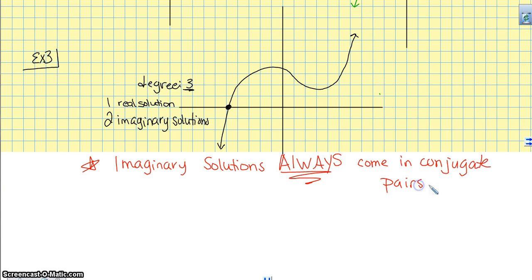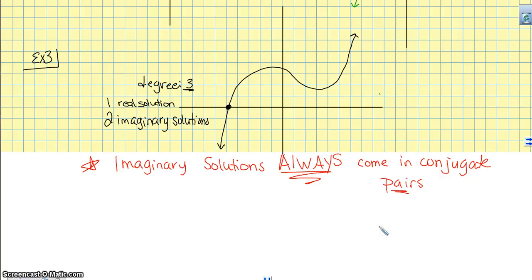Right now, all I want you to know is that I could never get 1 imaginary solution. That is impossible. That cannot happen. You always have to have an even number of imaginary solutions because they have to come in pairs, like a pair of shoes. You never wear one shoe, right, on your foot. They have to come in pairs. So imaginary solutions always come in conjugate pairs.